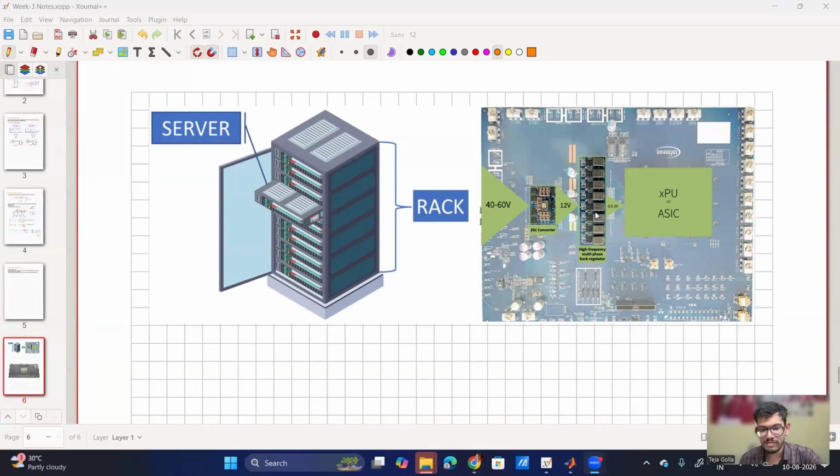I thought this would be easier to understand than the actual rack. The actual rack will have a CPU unit at the center, or a GPU, whatever they are using, and this will do the processing, something similar to your laptop. Say a laptop has an Intel or AMD processor, a mobile phone has a Snapdragon processor, or an iPhone has the A18 Bionic chip.